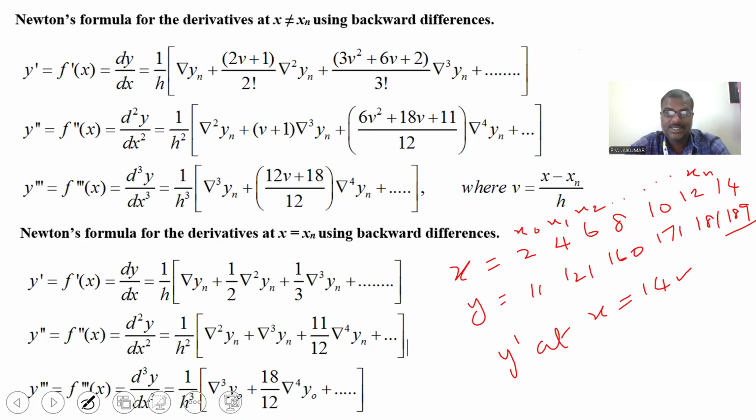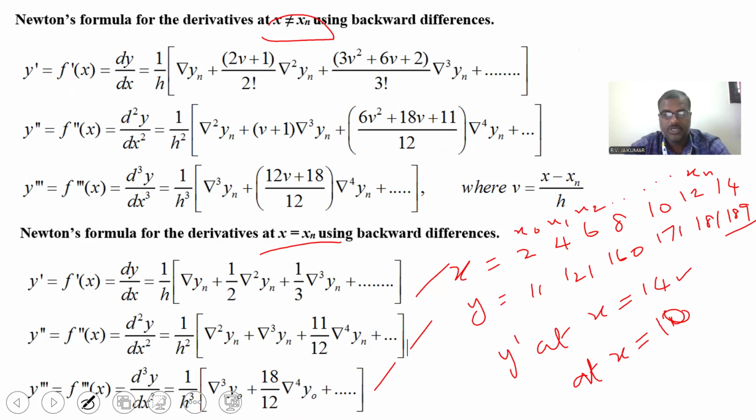When x = xn, you can use this formula for finding the first derivative, second derivative, and third derivative respectively. Suppose they are asking to identify at x = 10, and 10 is nearer to xn. Then we can proceed with backward difference at x not equal to xn.